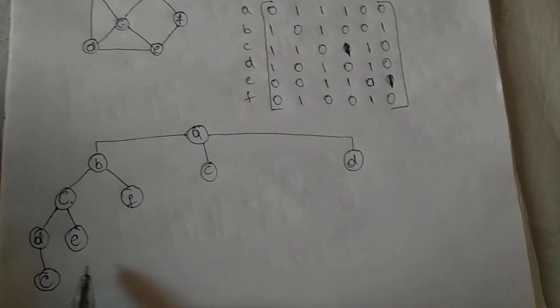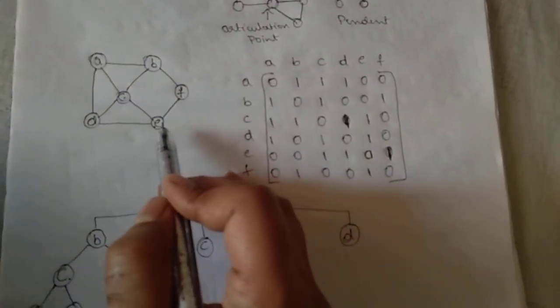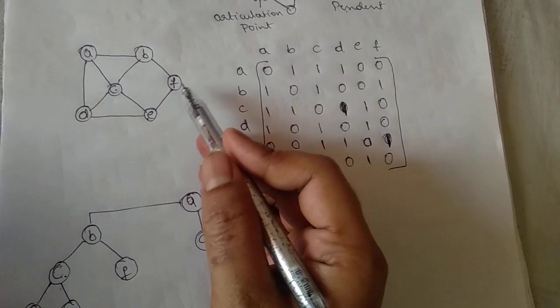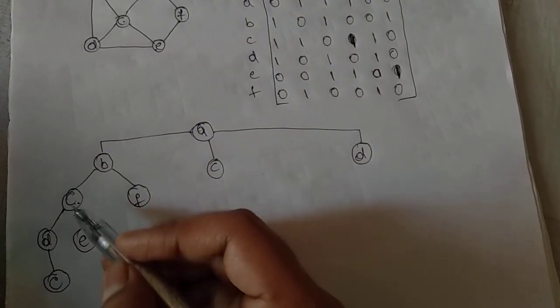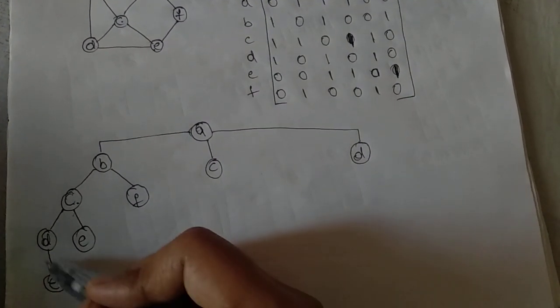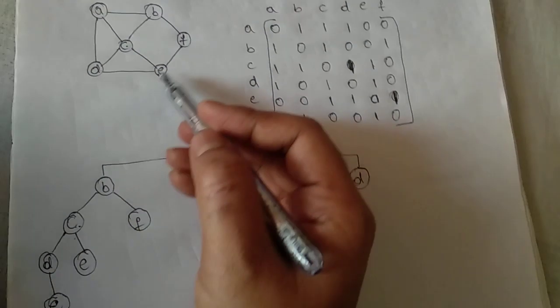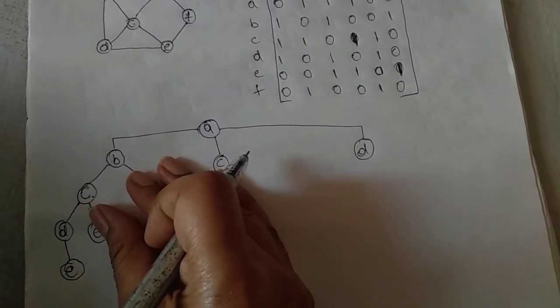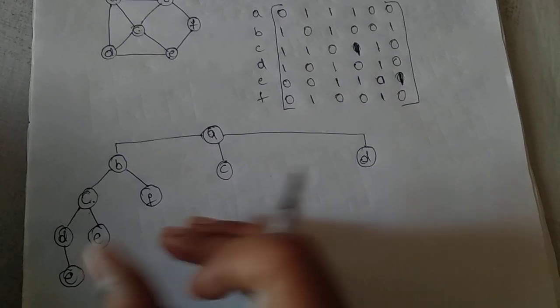Okay. From E, where can you go? You can either go to C or you can go to F. C is already present over here. You should not consider these things. Okay. I'm considering only this cycle. Fine.